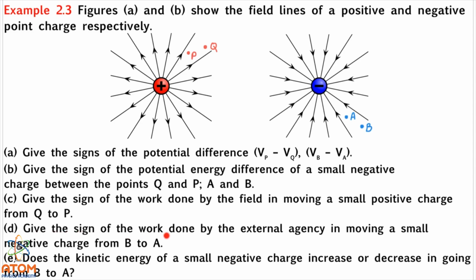Give the sign of work done by the external agency in moving a small negative charge from B to A. Here we have to find the work by the field while moving a positive charge from Q to P. Whereas in this question, it is the work done by the external force, that means external agency, whatever it is, for moving a negative charge from B to A. Let us see that.